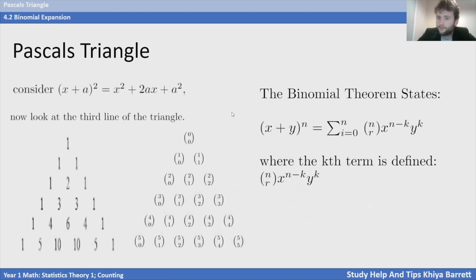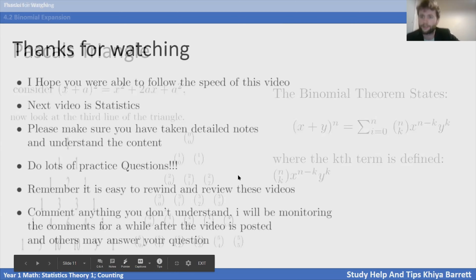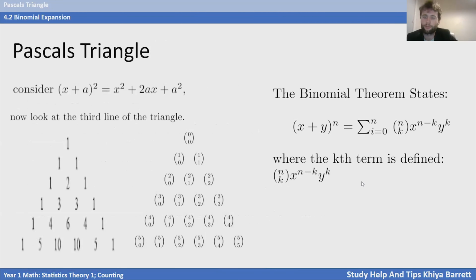Why is that useful? We have the binomial theorem, and this is how we're going to use this little Pascal's triangle. This is how Pascal's triangle applies. So consider x plus y raised to the n.